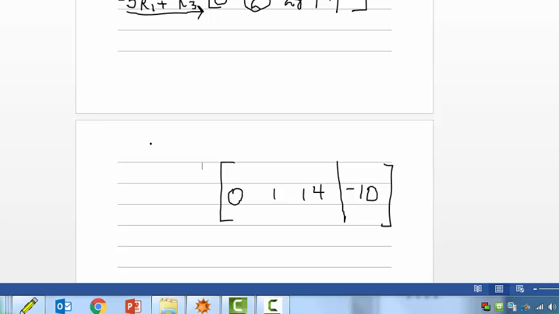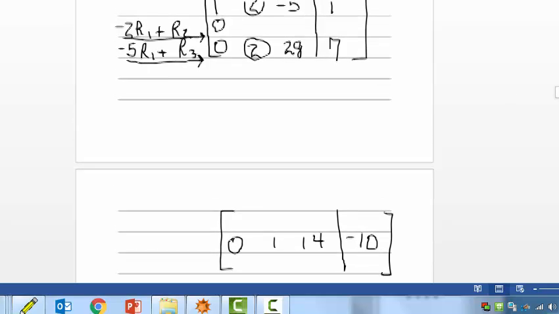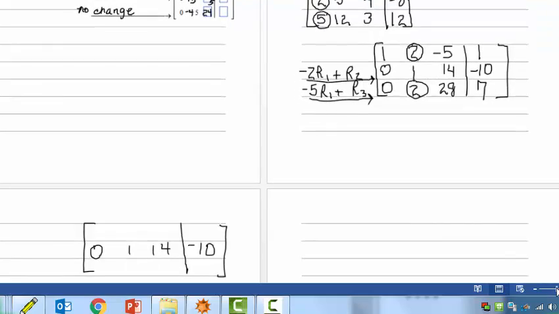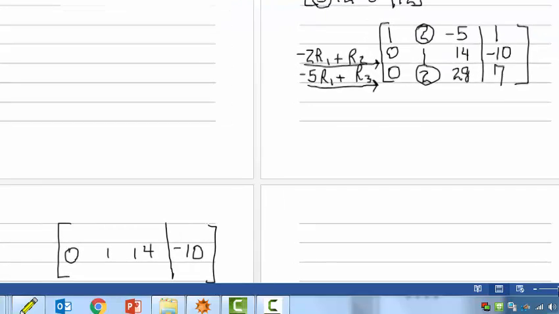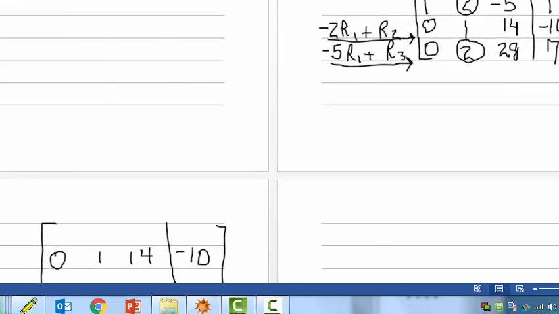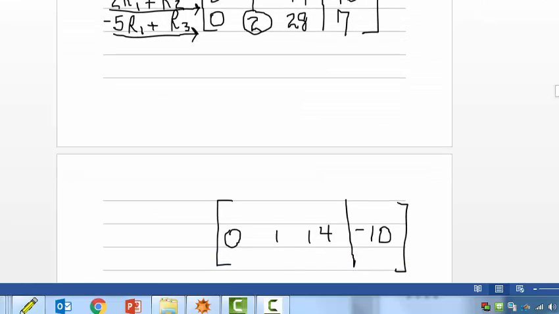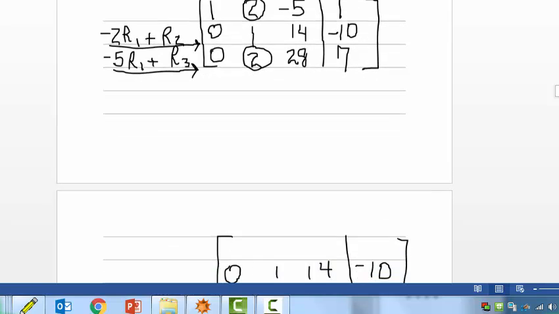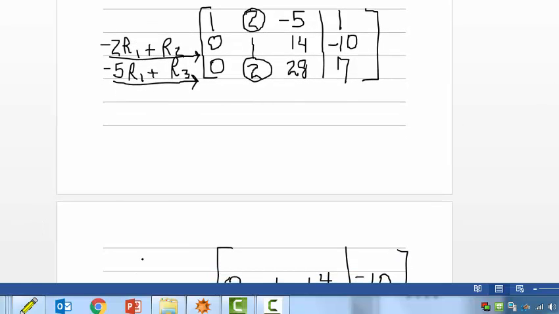All right, so I need to move this up a little so we can see. Let me zoom out just a little bit. All right, so I'm going to multiply negative 2 times row 2 and add that to row 1 to get the 0 that I need there.